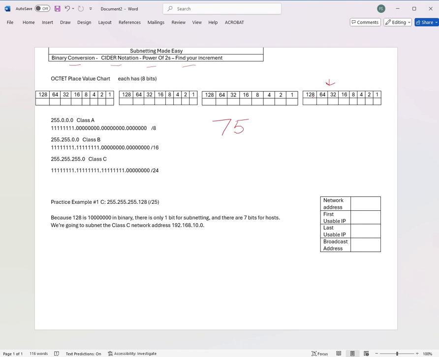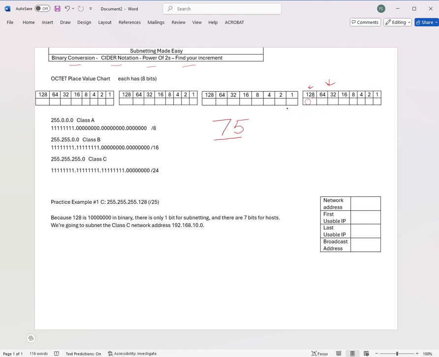This is the last one of a class C. So we start off by asking ourselves, can 75 take away 128? If the answer is yes, we would turn on 1 bit. If the answer is no, we're going to put a 0. And 75 indeed cannot take away 128, so we're just going to put a 0 here.